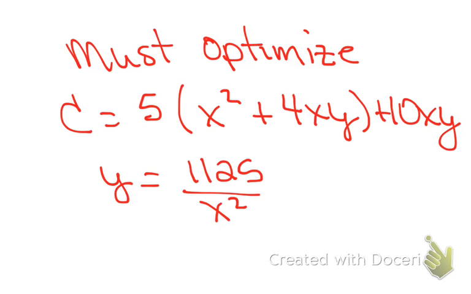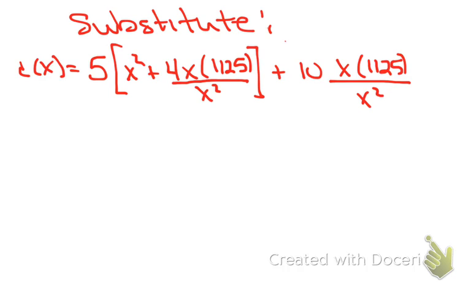So our next move will be to substitute 1125 over x squared in everywhere we see a y. When we do that carefully, we get 5 times the quantity x squared plus 4x times 1125 over x squared, which is now what y used to be, plus 10 times x times 1125 over x squared, again substituting for y.